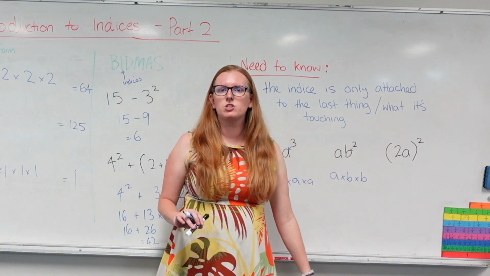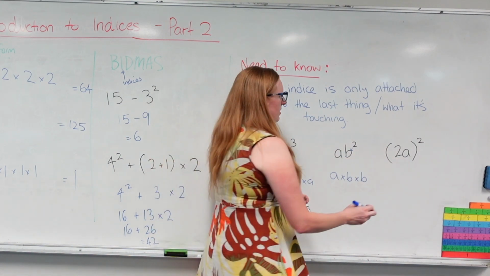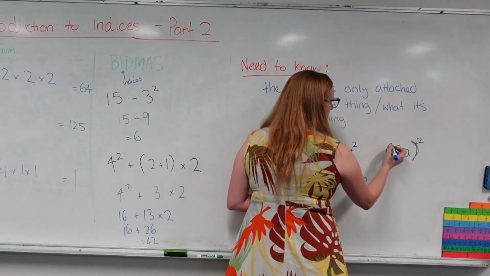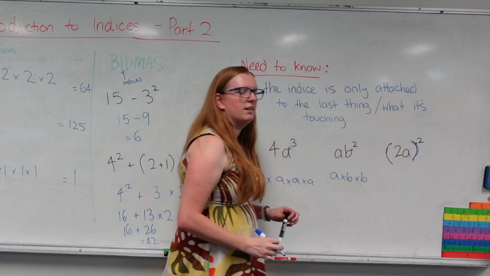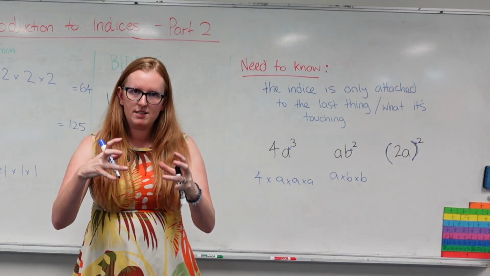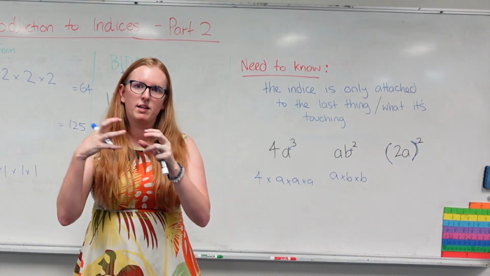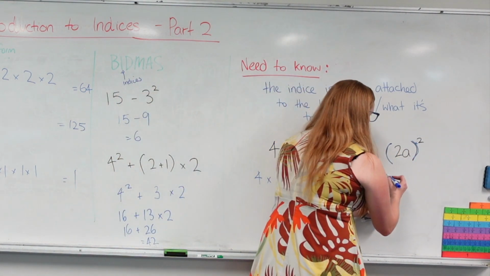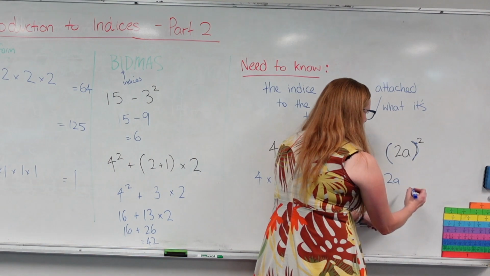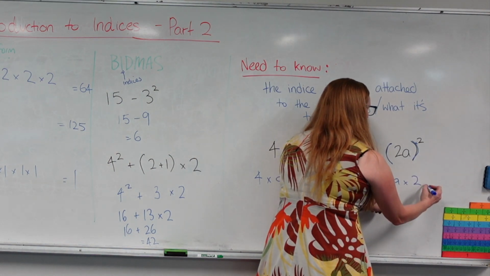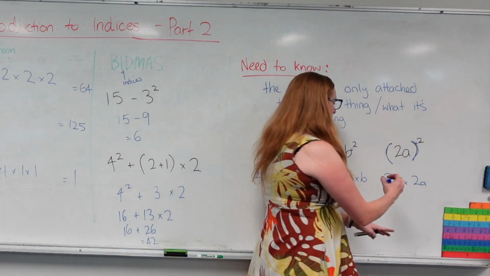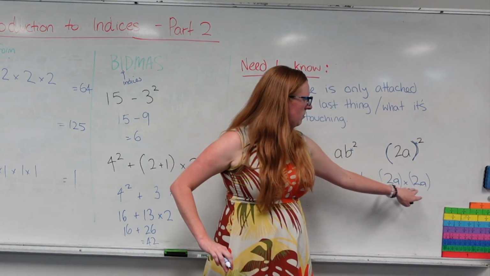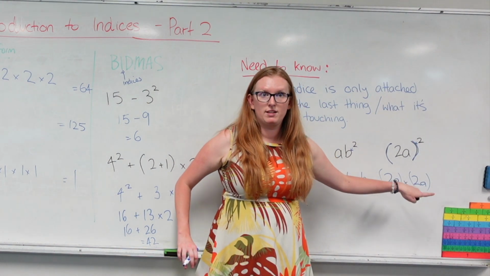It's actually attached to the brackets. So this is a funny case. It's touching my brackets. So what that means is the brackets themselves and everything in them gets repeated however many times. So it's 2a times 2a. Technically I could put my brackets in there, but they're not really necessary. See what I mean? How the whole brackets gets repeated.